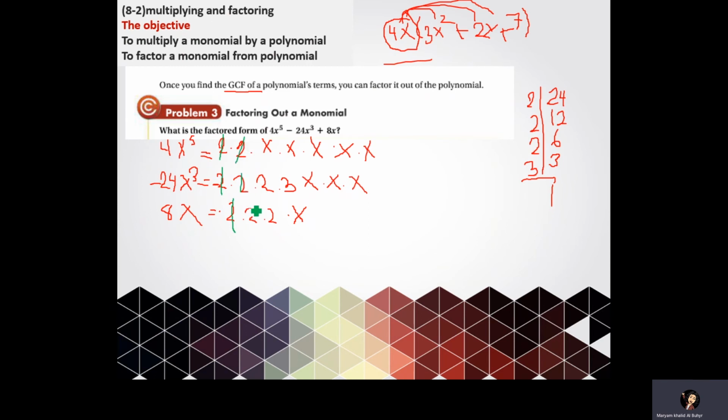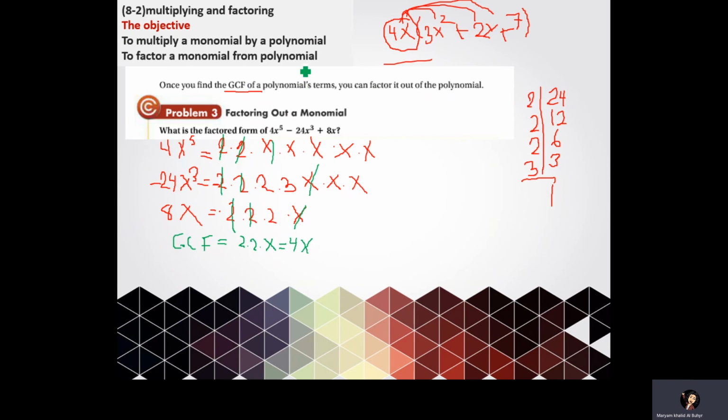Again, I have another 2 this time in all of them. And I have x in all of them. So my greatest common factor is 2 times 2 times x, which is equal to 4x, isn't it?